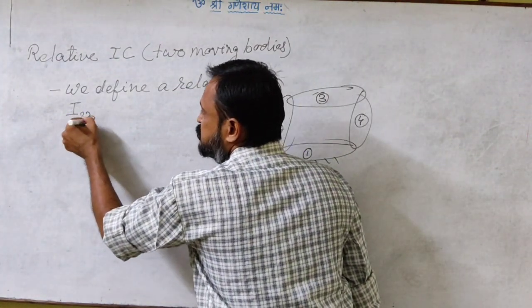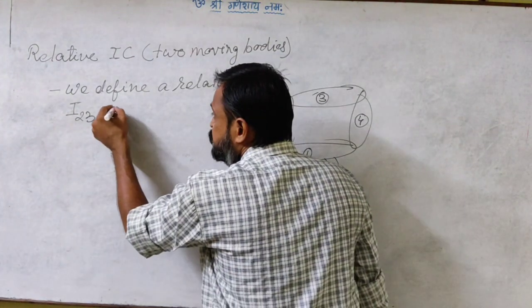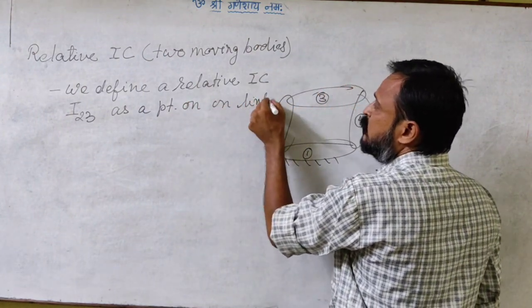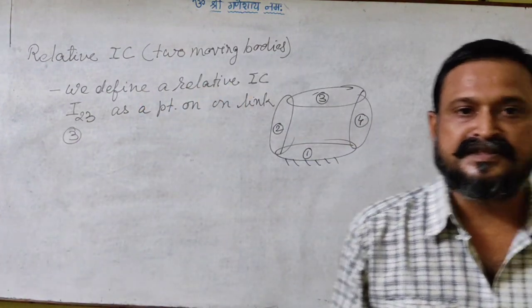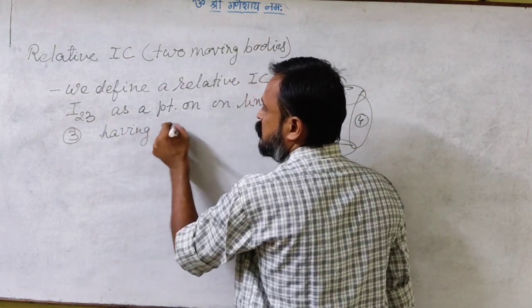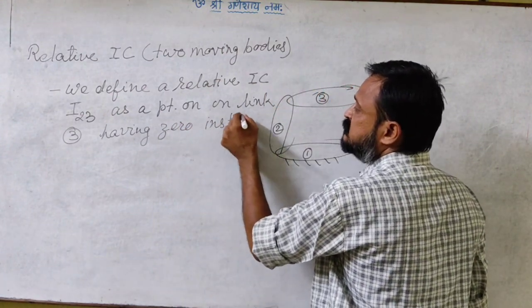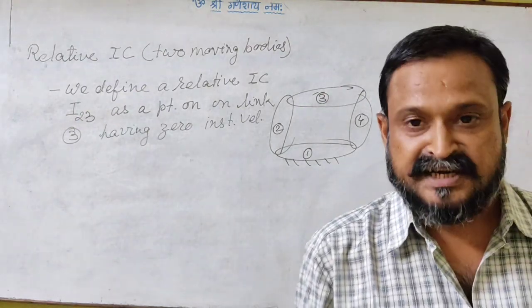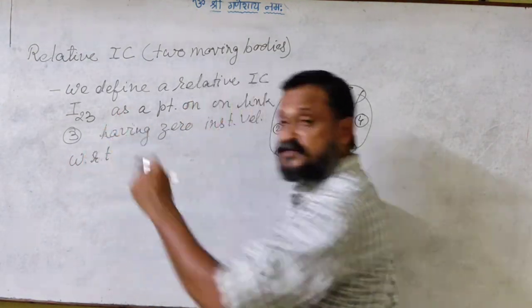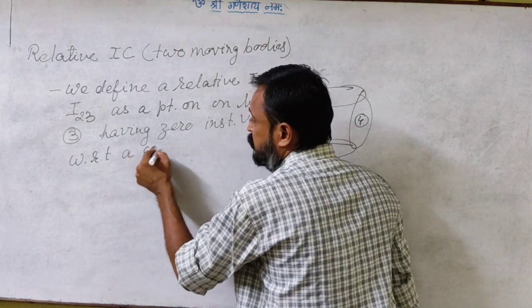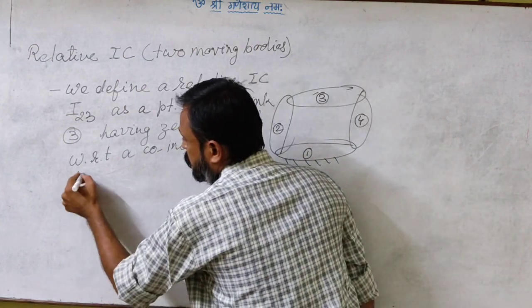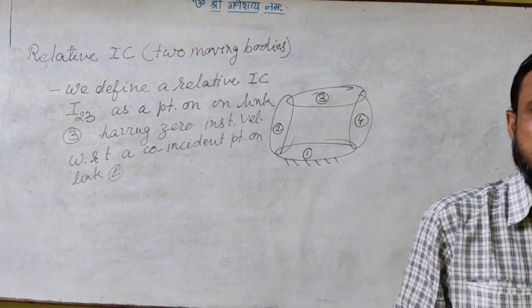So instantaneous center I23 is a point on link 3 or body 3 having zero instantaneous relative velocity with respect to a coincident point on link 2 or body 2.